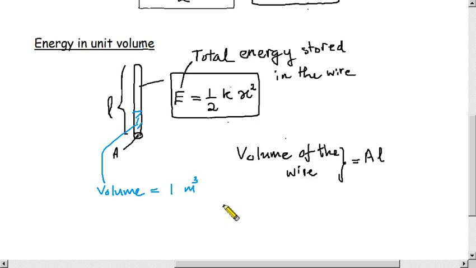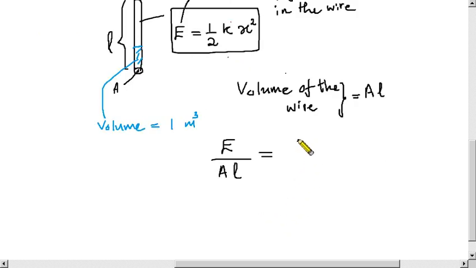So this energy E, if we divide by that volume, we get what we need, energy per unit volume. So now we have to divide kx squared by A L.